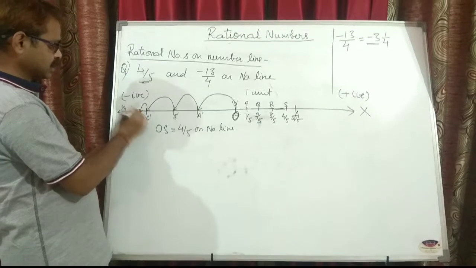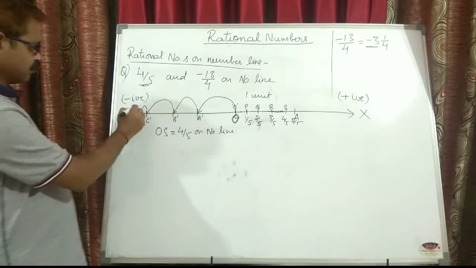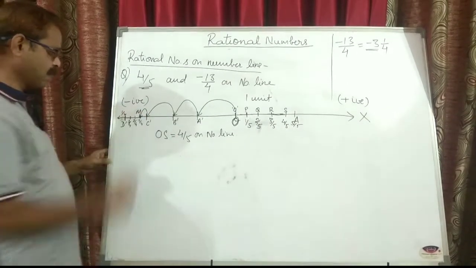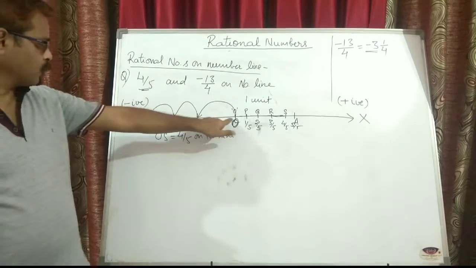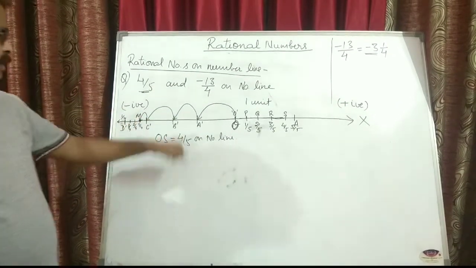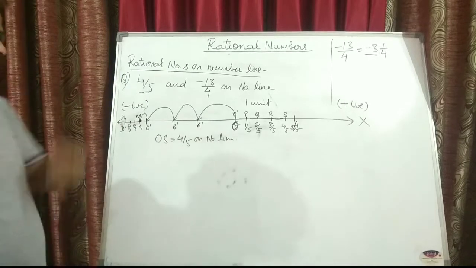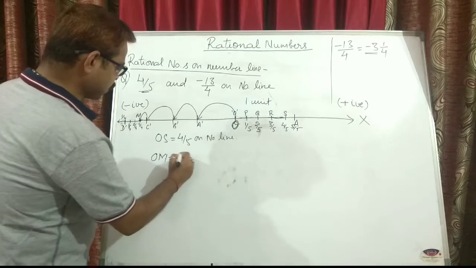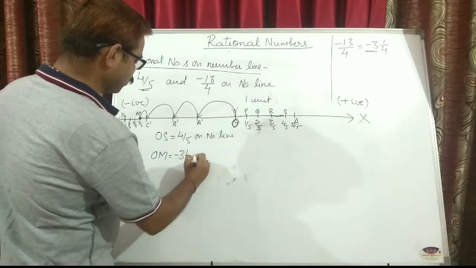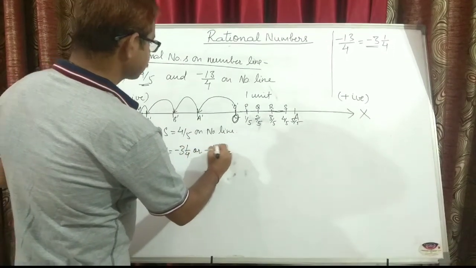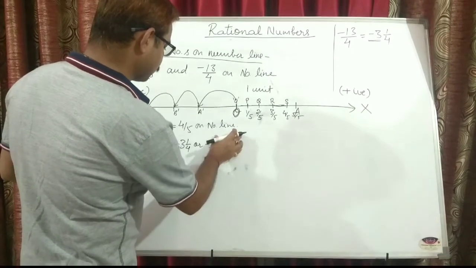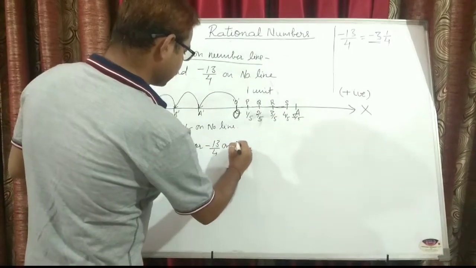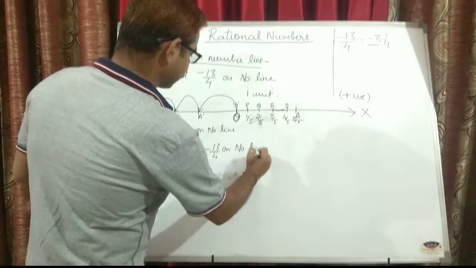This point, let us name it as M. So from O to M represents minus 3, 1 upon 4. So I will be writing OM is equal to minus 3, 1 upon 4, or minus 13 upon 4 on number line.